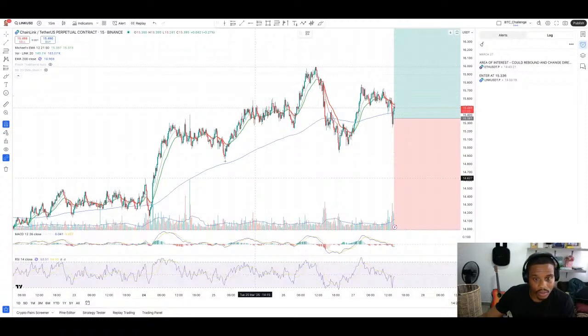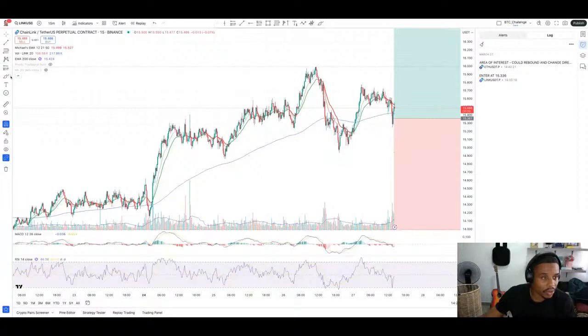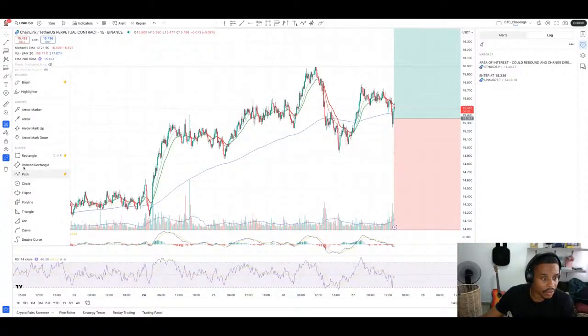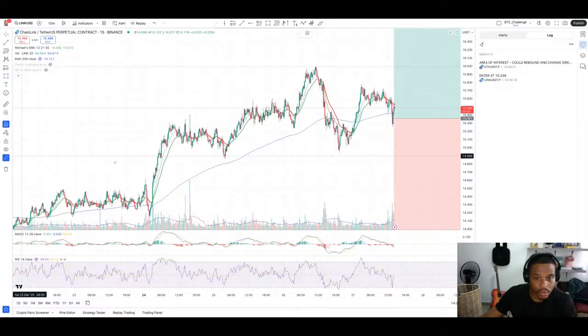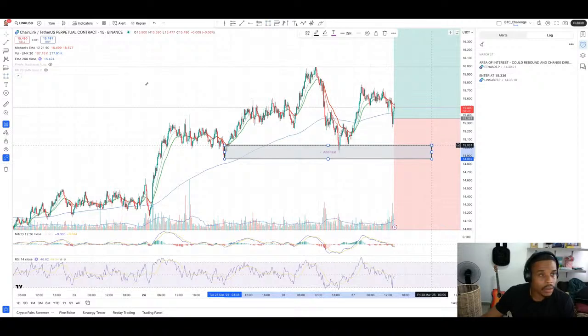So this is what I'm saying here. Is it actually easier to use boxes? Let me use a box to describe my point. What we have here now is this little range. I'll call it a baby resistance.